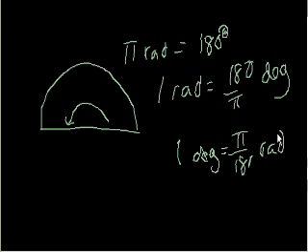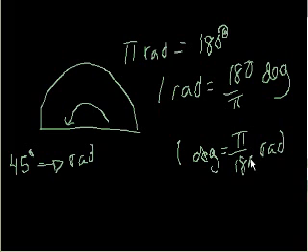So let's do a couple problems where you'll get the intuition for this. If I asked you to convert 45 degrees into radians. Well, we know that 1 degree is pi over 180 radians, right?